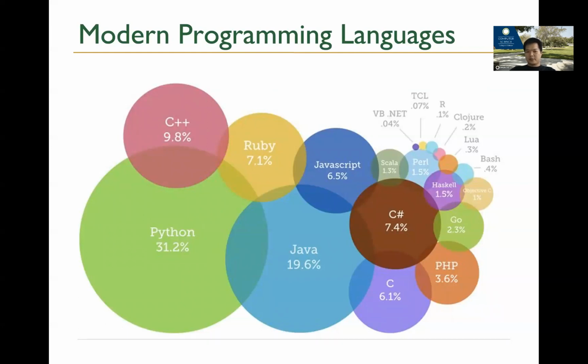Then other languages, C++, C#, and JavaScript are definitely getting popular. The point of this picture is to show you that most of the languages we use today are object-oriented, right? But then the question really is, when you are using Python or Java, how many object-oriented features are you actually using? That's a very, very big question.